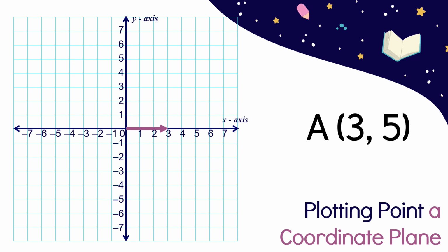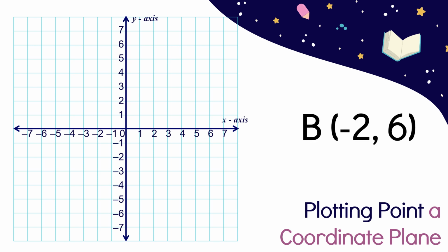Afterwards, we move 5 units upward, since that is also positive. We place a dot, then we name it as point A. Actually the arrows are not needed, but if you are starting in plotting a point, you may use those guidelines.